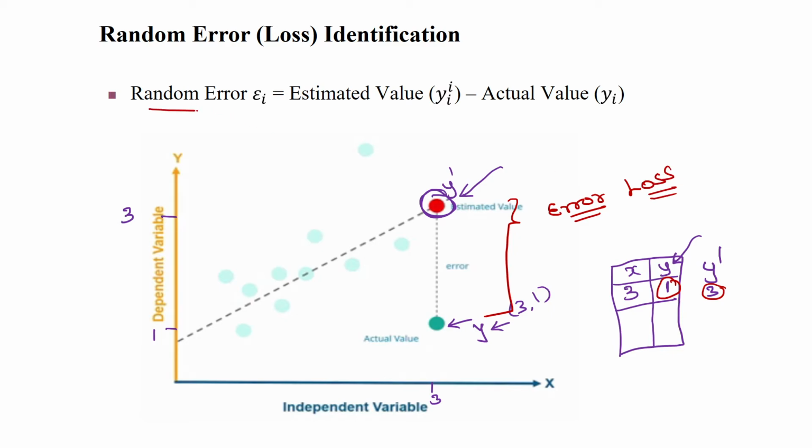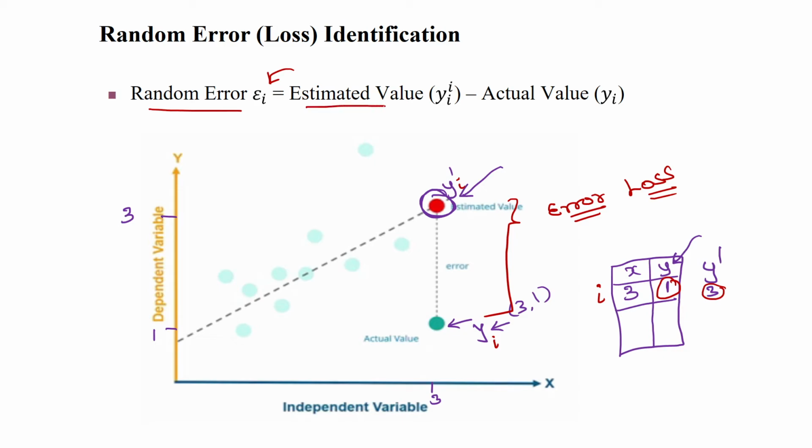The error can be represented by epsilon of the ith data. Here i represents the sample number. So this is yi minus yi dash, right?